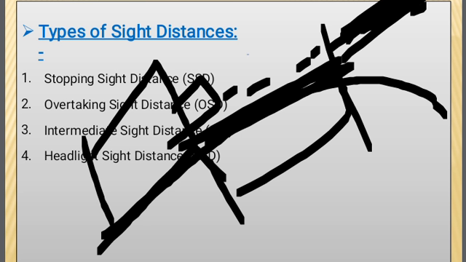This light portion is not covering the road length, so we cannot consider this distance as headlight sight distance.